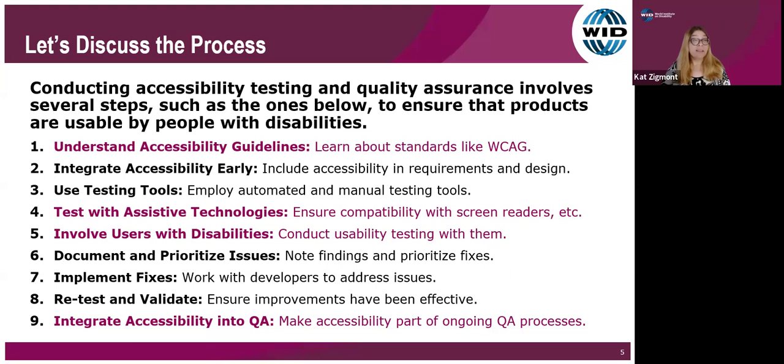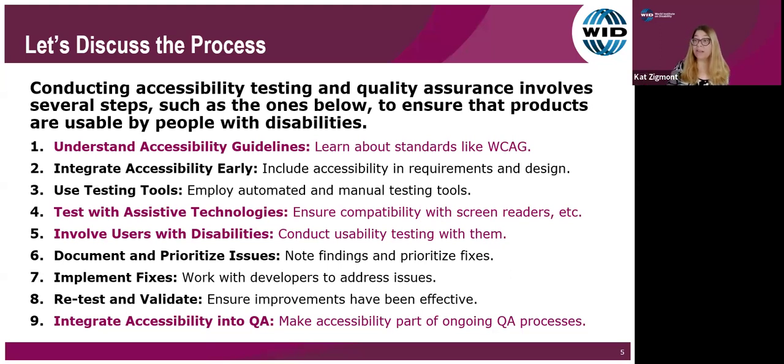People can do this if they are not users of that assistive technology, and I think that's okay if you do that, knowing that you still need to test with native users, and that's where the next step comes in, involving users with disabilities and conducting usability testing with them.